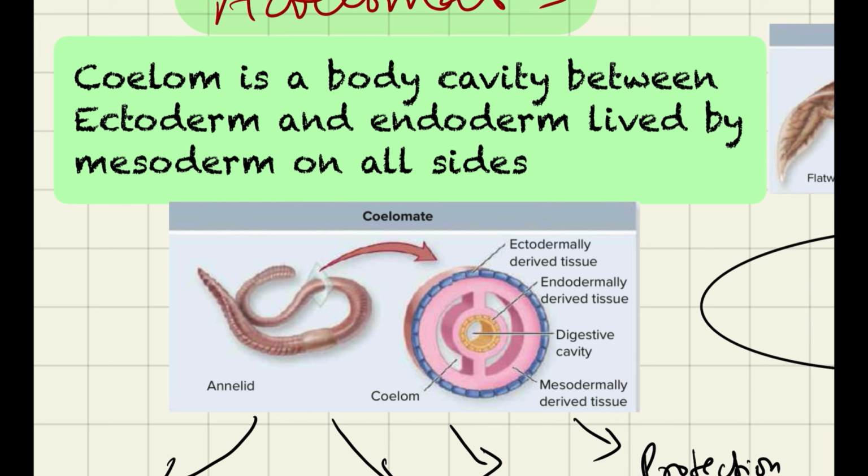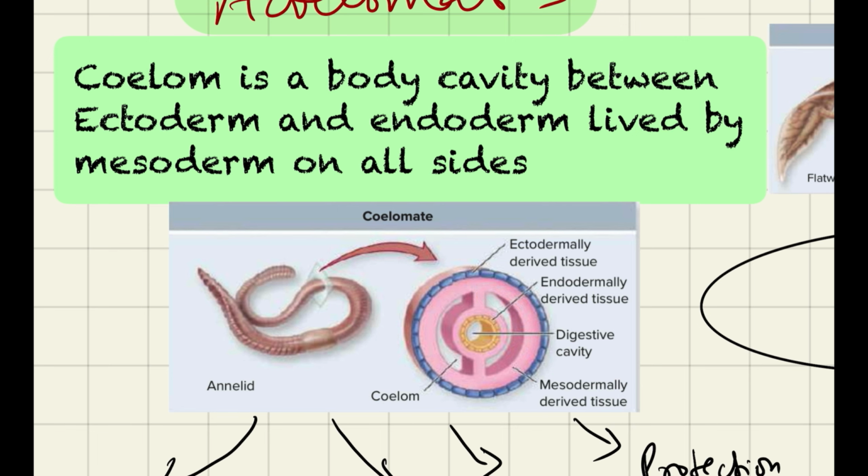See, here is gut. It means the coelom is a body cavity between this ectoderm or body layer, and the endoderm, or we can say this gut cavity, lined by mesoderm on all sides. This pink is the mesoderm, and it is lining this cavity from all the sides.